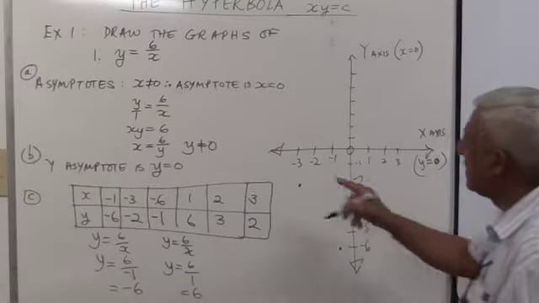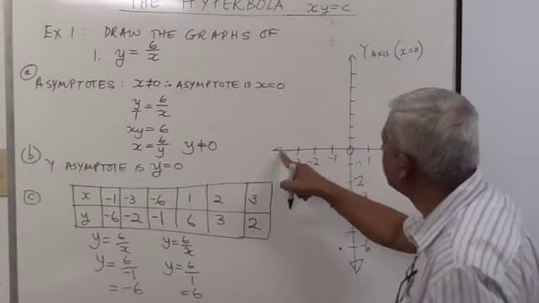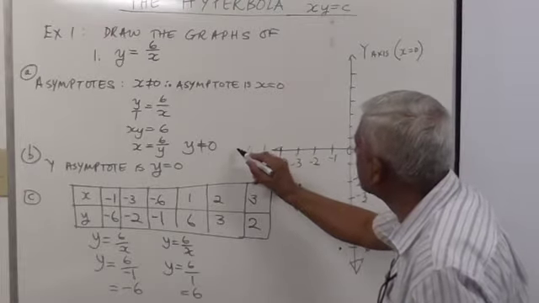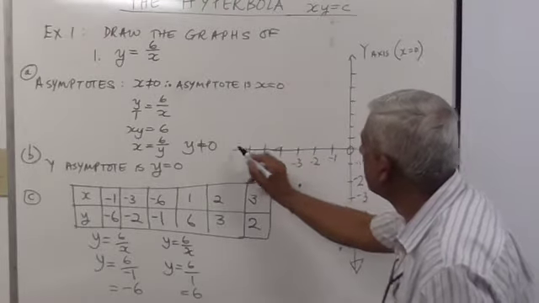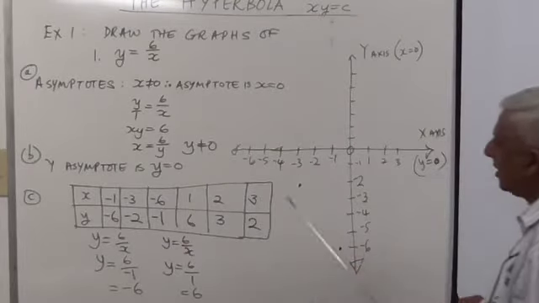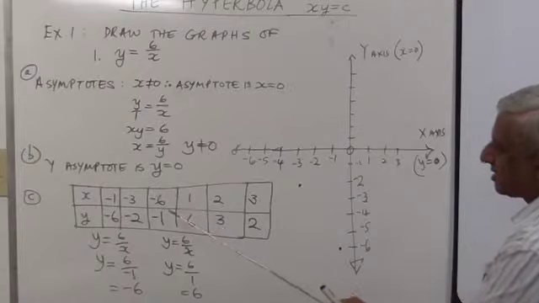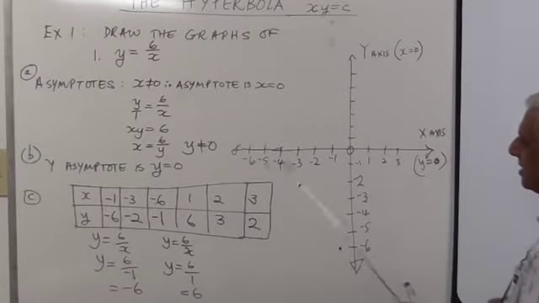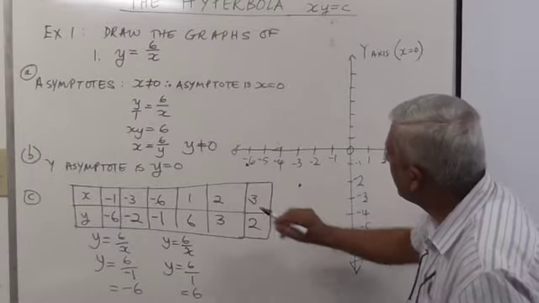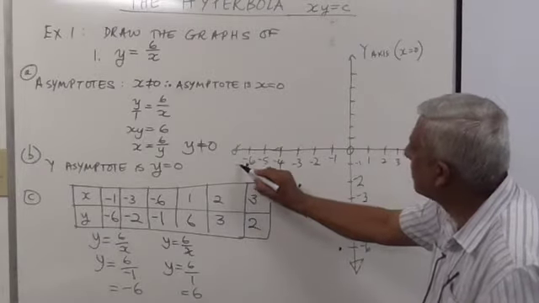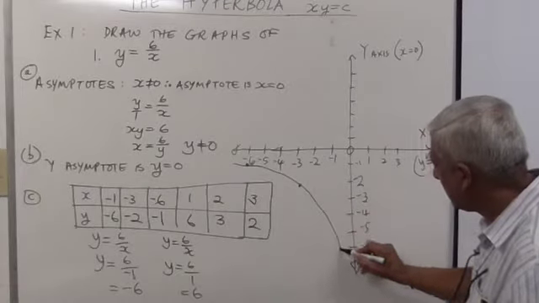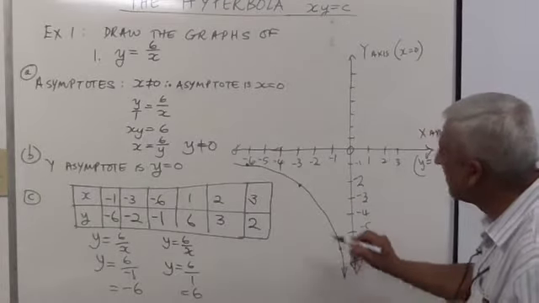Oh, alright, so I have to extend this line. It is minus 6, minus 1. There's minus 6 and there's minus 1. So this dot is here. Alright, so we got the shape. It goes from there, it comes here, it goes down here, this way.